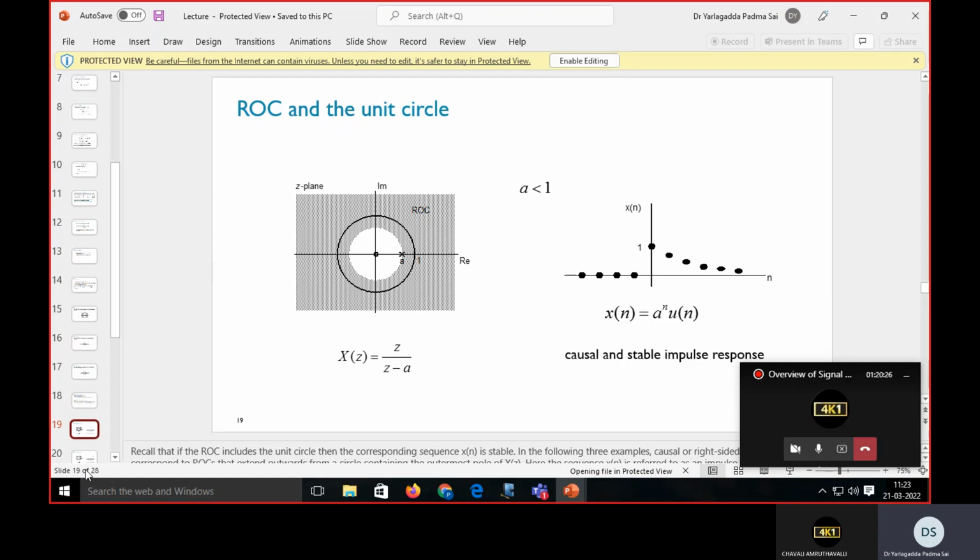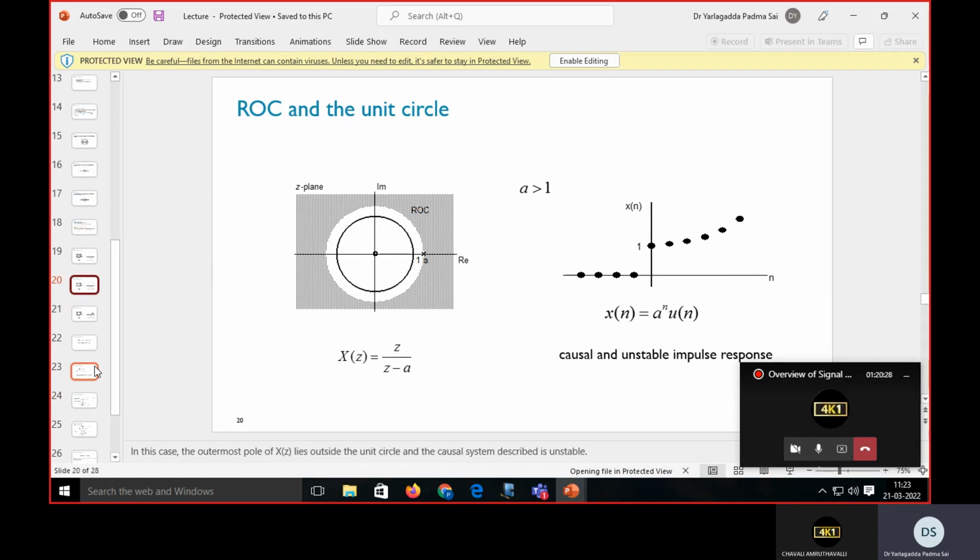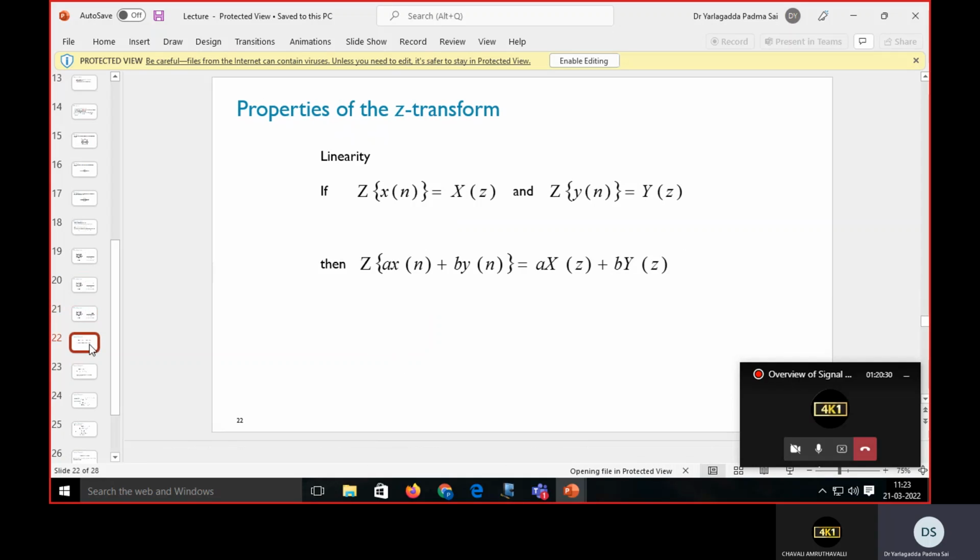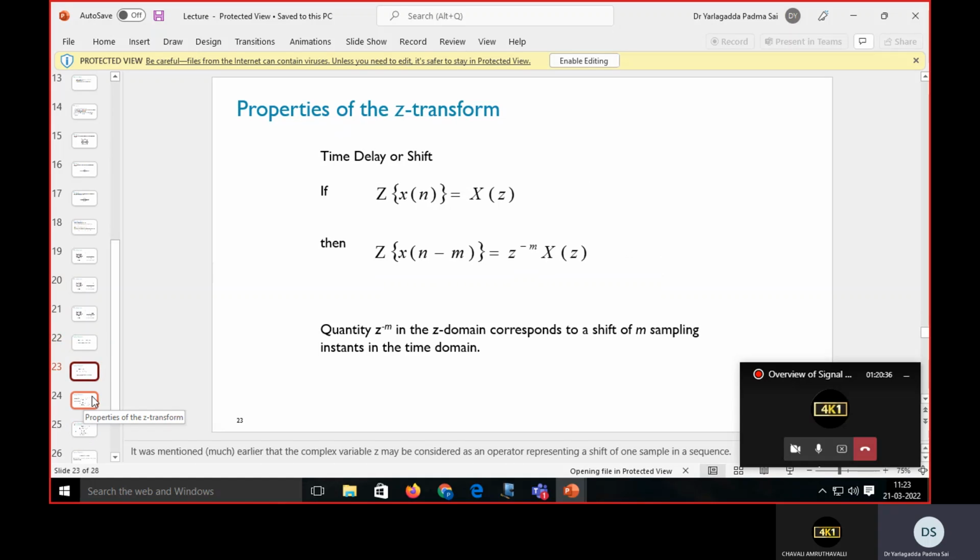Okay, so now I am not discussing all these things. Properties also I am not touching, properties all of you are expert. Only this is without initial conditions. I will check whether the shifting and chopping property is there. One of the properties previously I mentioned, according to time shifting, x of n minus m is z power minus m into X of z.